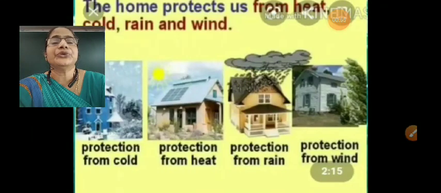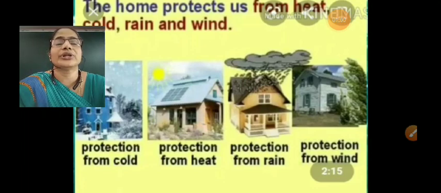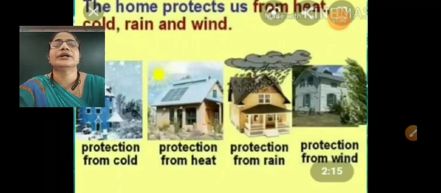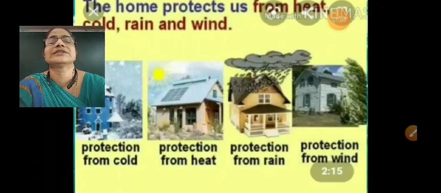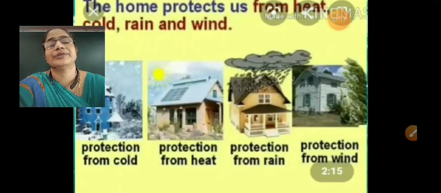Here you can see the protection from cold, protection from heat, protection from rain, protection from wind. The home protects us from heat, cold, rain and wind, also from wild animals. You can see here different images and different topics.